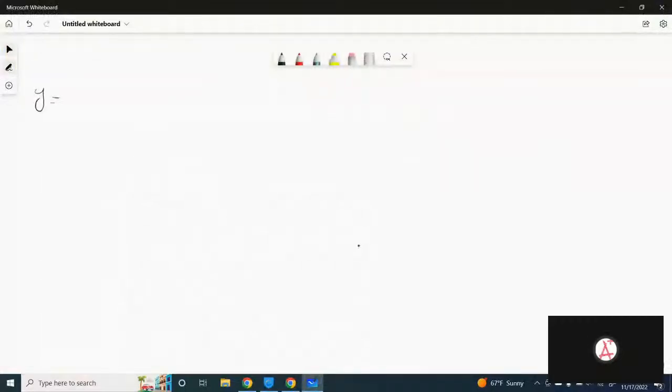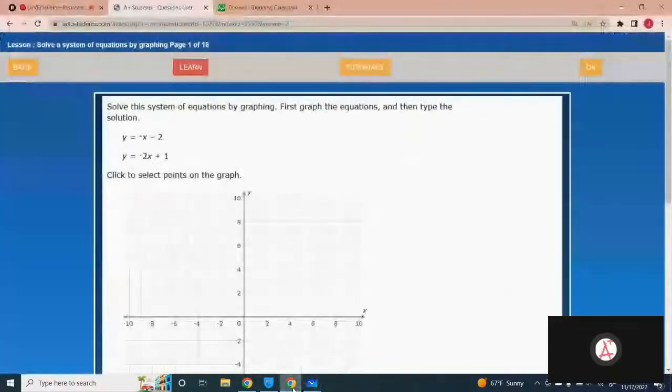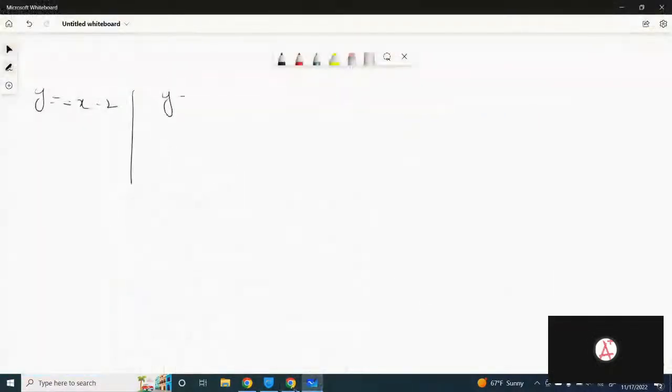And the second equation is y equals negative 2x plus 1. We are working on the chapter system of linear equations, and the topic name is solve a system of equations by graphing.